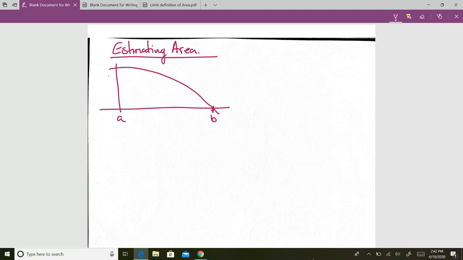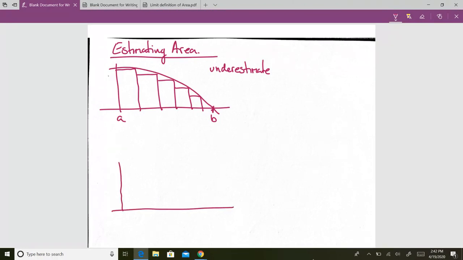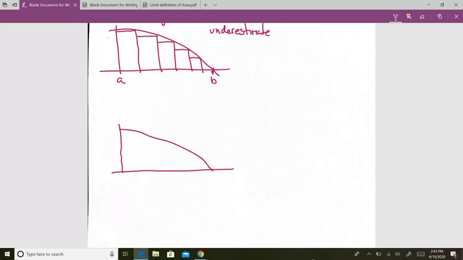What I can do is draw rectangles. If I add up the areas of the rectangles, I'm going to get an approximate area under the curve. However, this would be an underestimate because of this. You can do the same curve, well, it's supposed to be the same curve, by doing an overestimate.